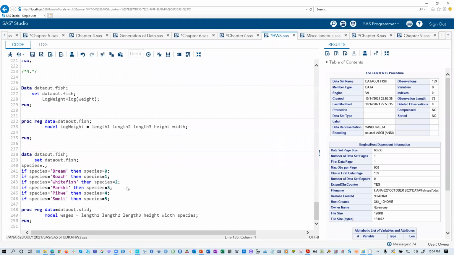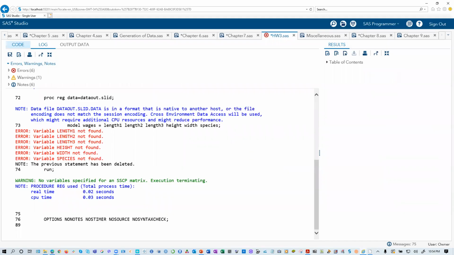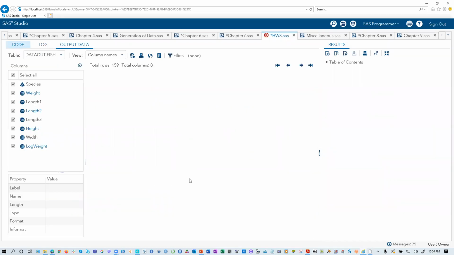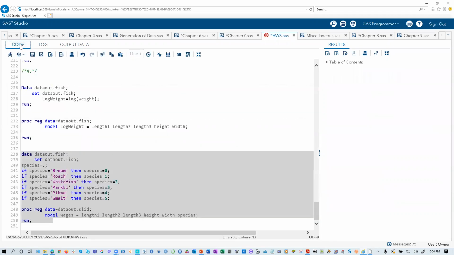Length 1, length 2, length 3. Height, weight. What did they say? Not found. No, they didn't do anything.